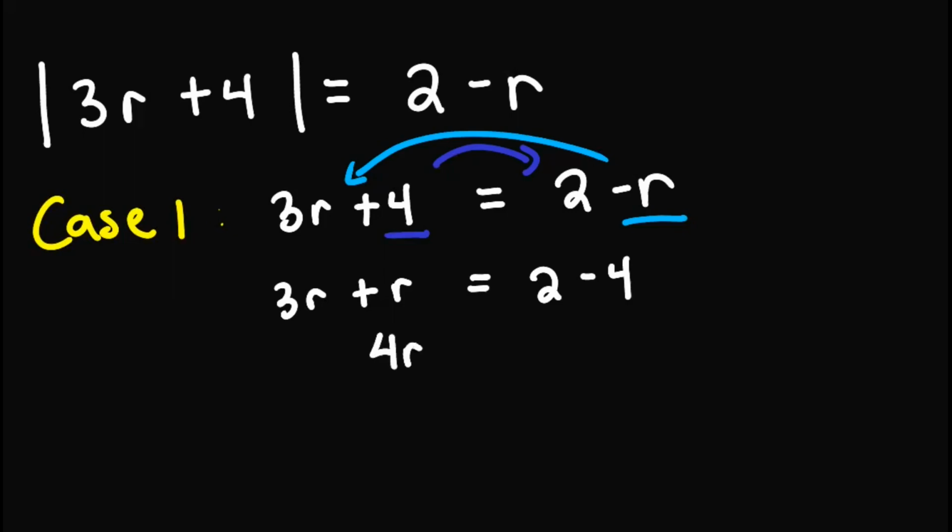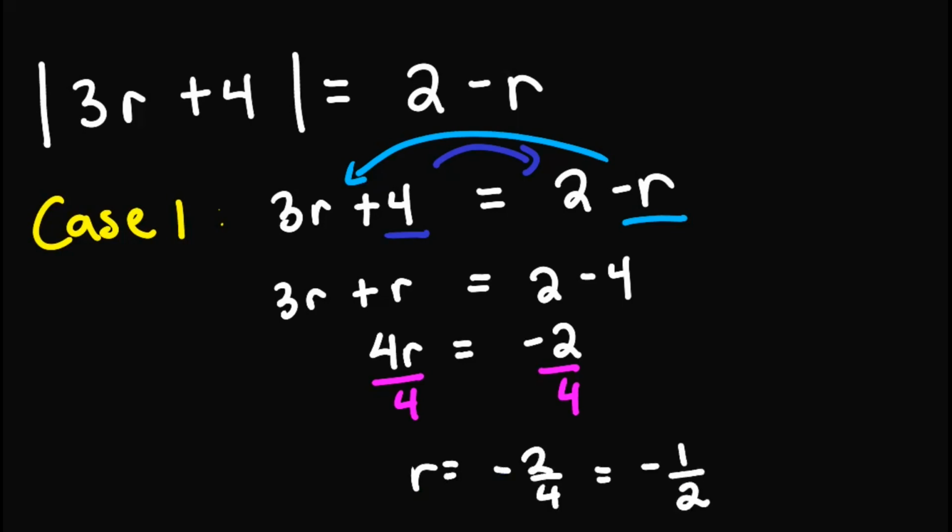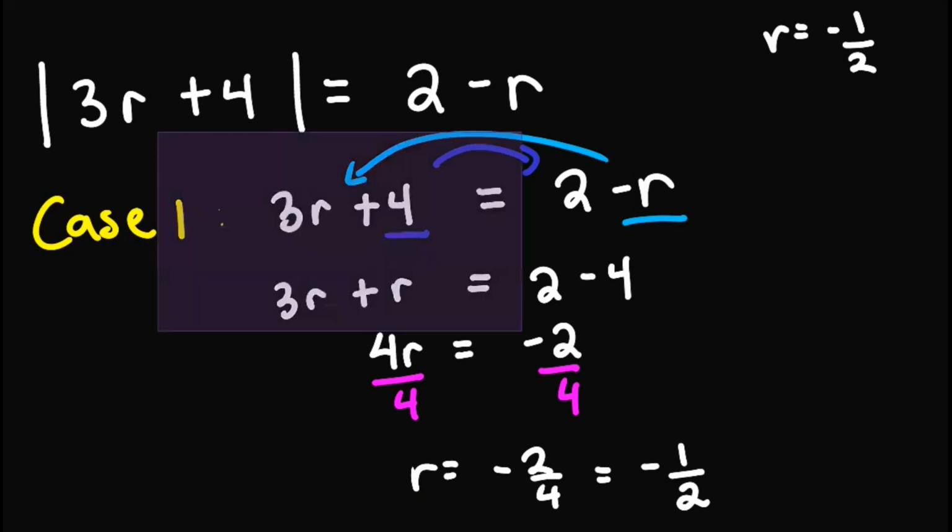Simplifying, we have 4r equals 2 minus 4, which is negative 2. Then we can divide 4 on both sides to obtain r equals negative 2 over 4, or simply negative 1/2. So let's write that one down here. And then we go on to the next case.